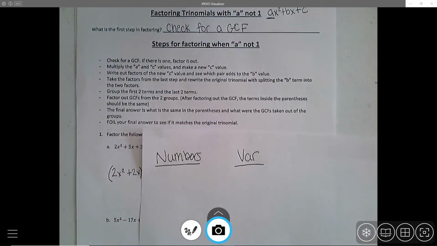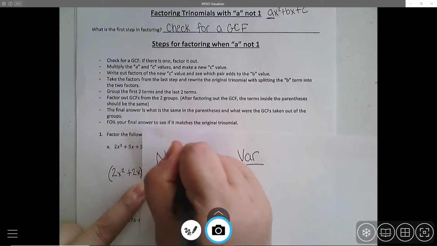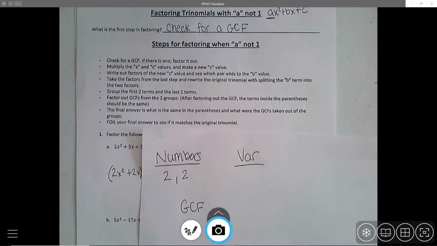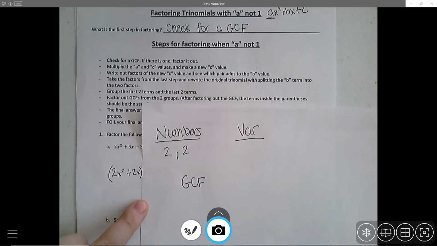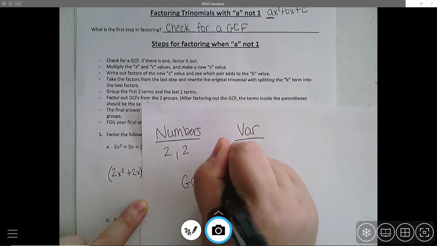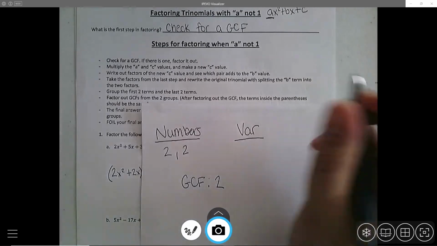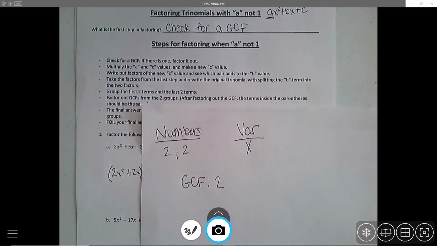The numbers in this grouping are 2 and 2. Remember when we talked about GCF? If your numbers are the same, your GCF is going to be the same thing. So since my numbers are both 2, my GCF is going to be a 2. In terms of variable, I see x's, and both of my terms have an x.